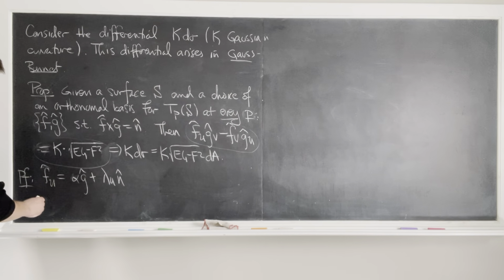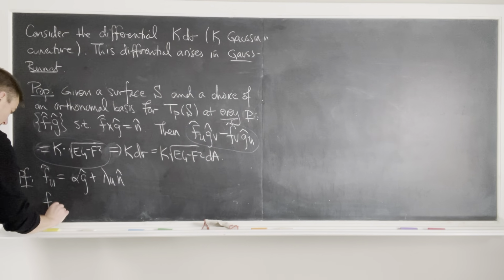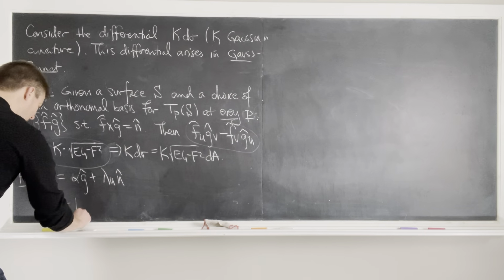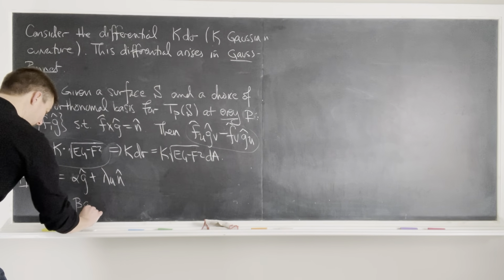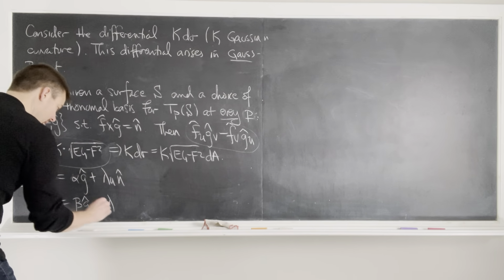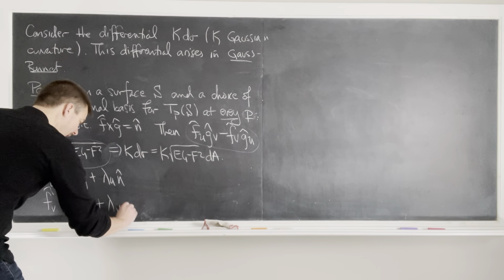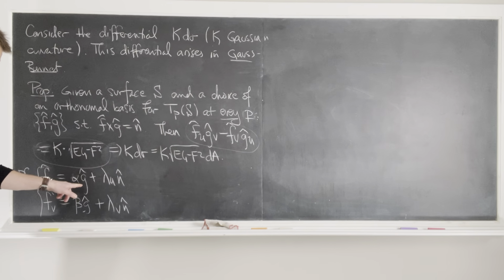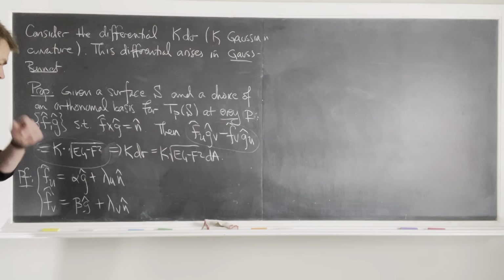And then f_v is also going to be perpendicular to f. So this is going to be some number beta g hat plus lambda_v n hat. Okay, good. In other words, I can represent the derivatives of this f vector in terms of g, because that's in the tangent space, and then also in terms of n, right?